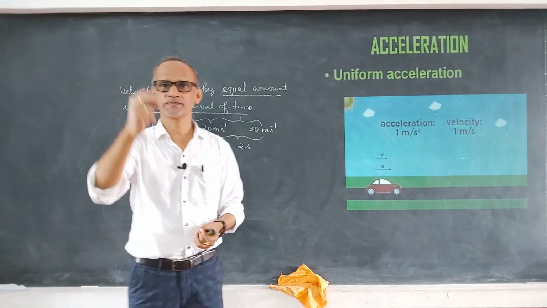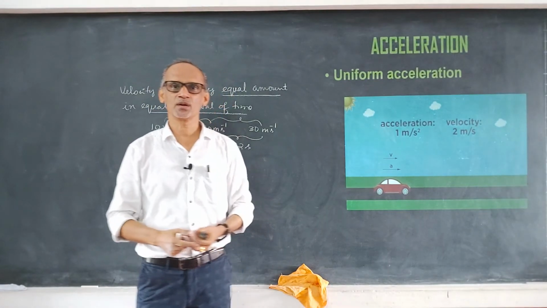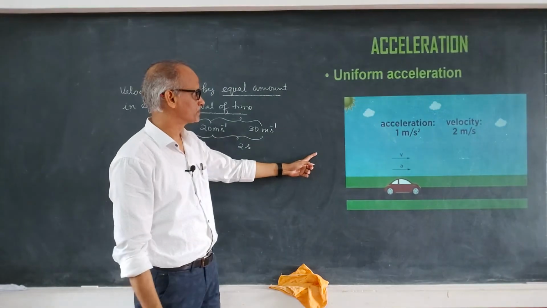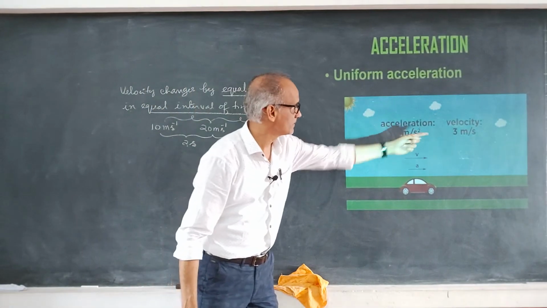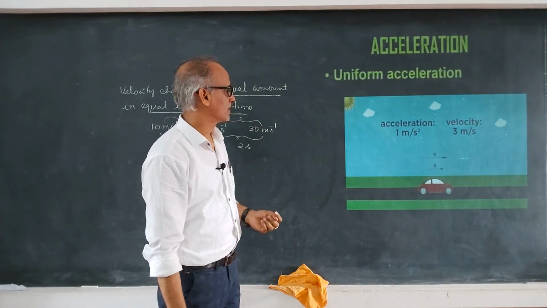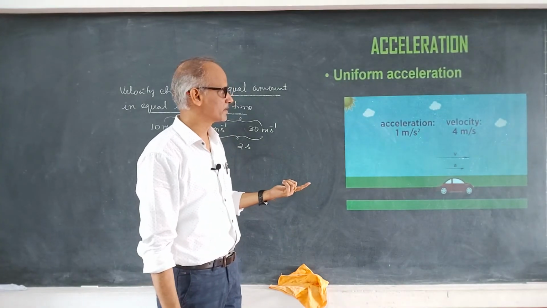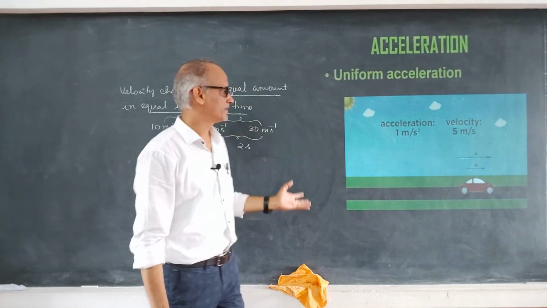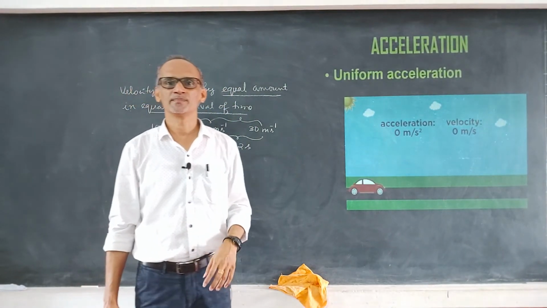A body falls freely under uniform acceleration, and that acceleration is called acceleration due to gravity. In this illustration, acceleration is fixed at 1 meter per second square, but you can see the velocity is changing. It is 3 meter per second, and now it becomes 4 meter per second. Velocity continuously changes, but acceleration is fixed. Hope you can see that. Then finally, the brakes are applied so that the car comes to rest.